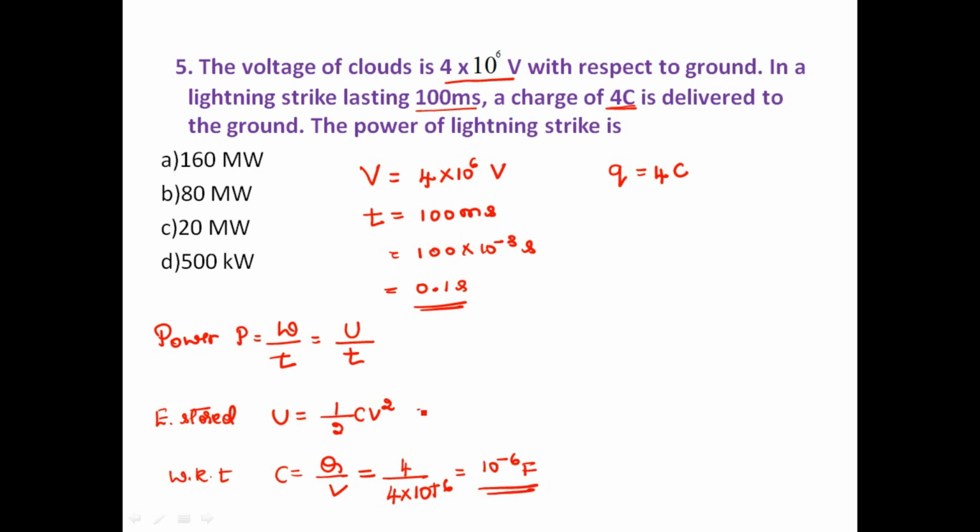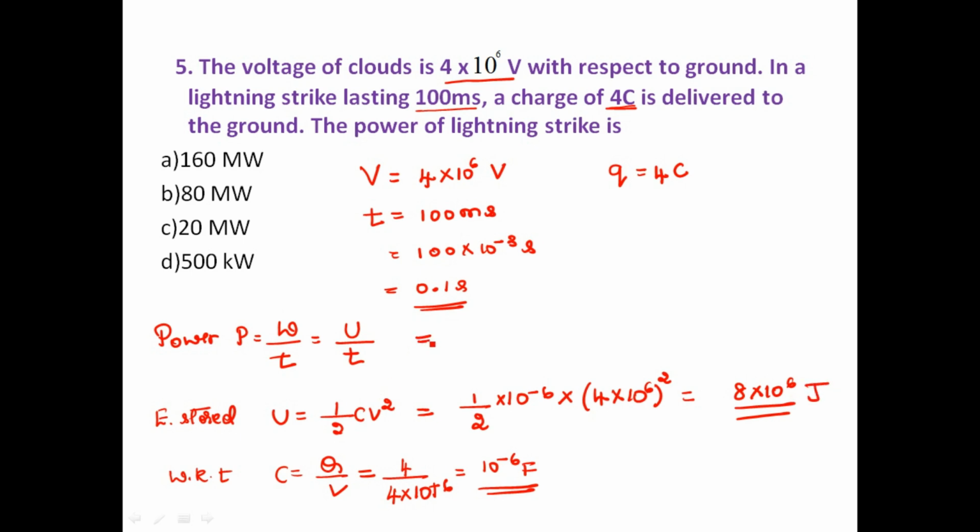Now let us find the value of energy stored. Half C is 10 to the power of minus 6. V square is 4 into 10 to the power of 6, the whole square. What answer we are going to get here is 8 into 10 to the power of 6. On calculation, we got the value of energy stored in joules.